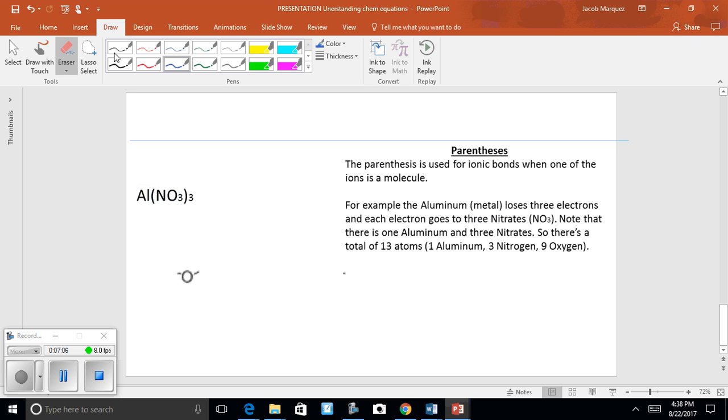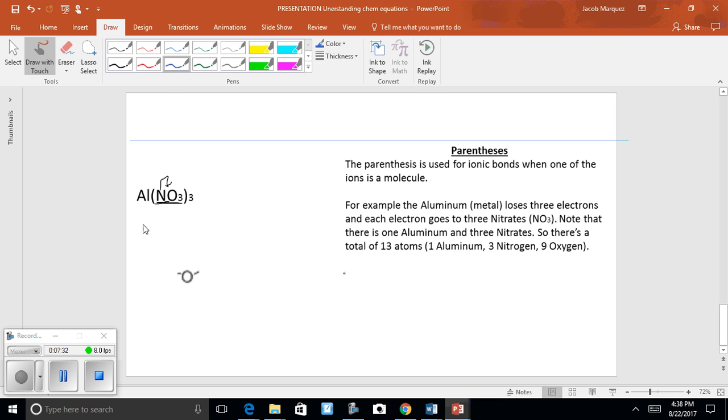Now, notice that the aluminum is outside of the parentheses. What that means is that this aluminum is bonded to this nitrate right here. And inside this parentheses, which is what we're focusing on right now, this nitrogen is bonded to this oxygen right here.